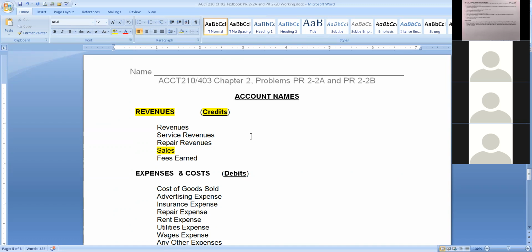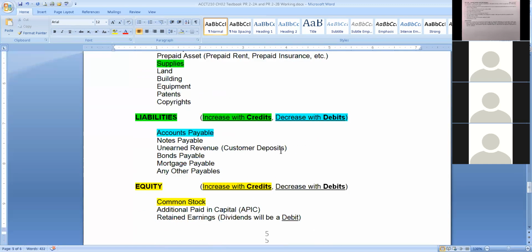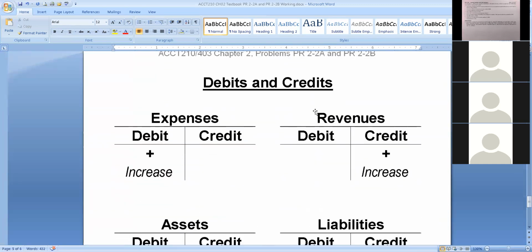Revenues are always going up. Two months' worth of sales is going to be more than one month's worth of sales and so on. So as time goes on, sales are going to keep going up and up and up. So every month there'll be additional sales added on. And because they're always increasing, they're always credits. And actually you can kind of see that down here.